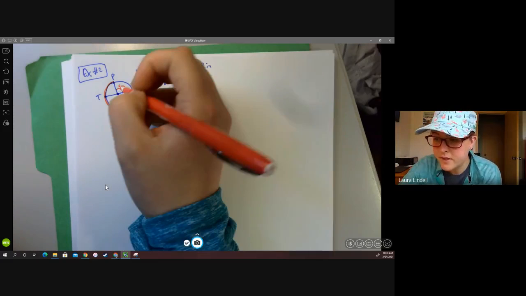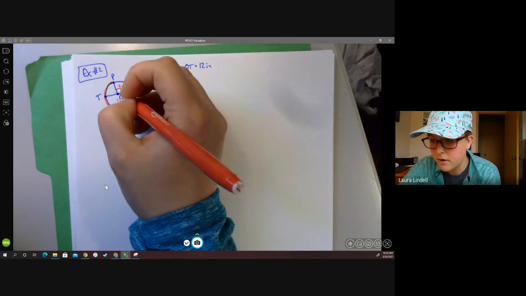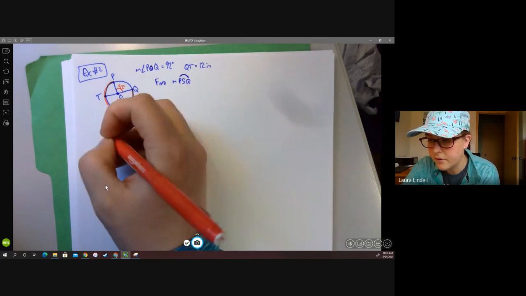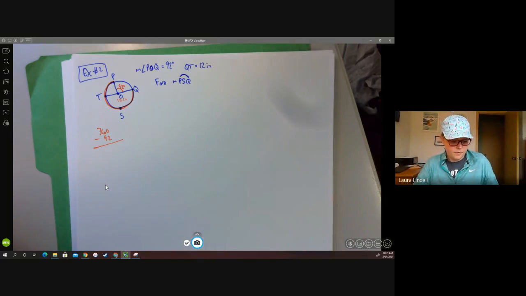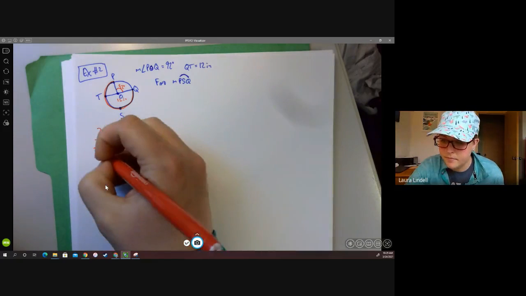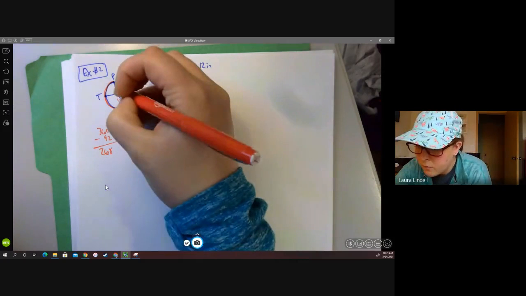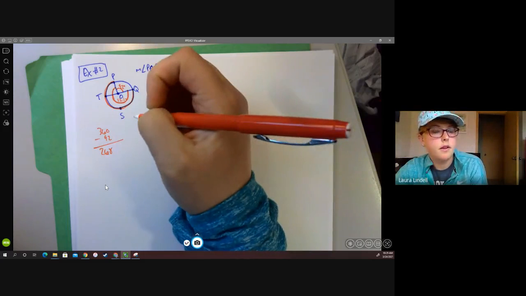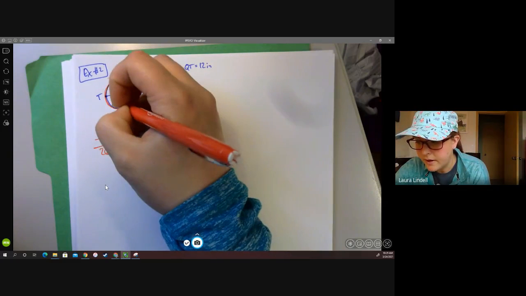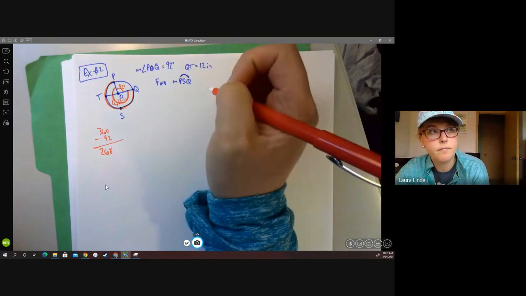So if I take 360 and subtract away the smaller central angle, 360 minus 92, we get 268. And that would be the measure of my other angle, 268 degrees.